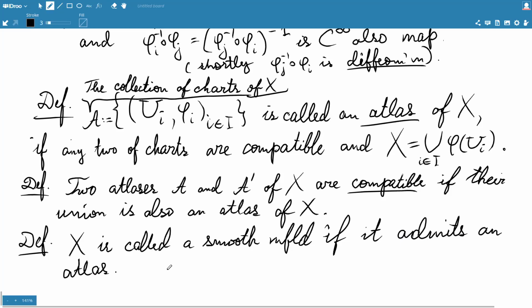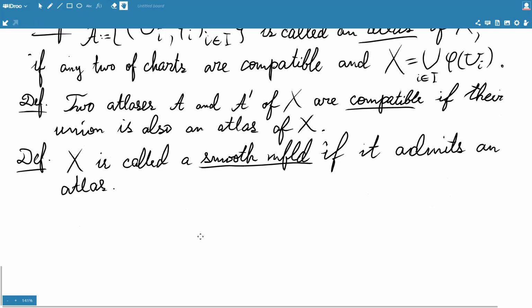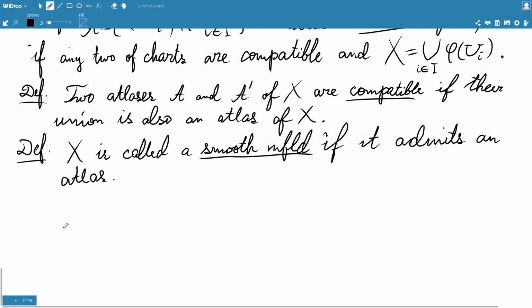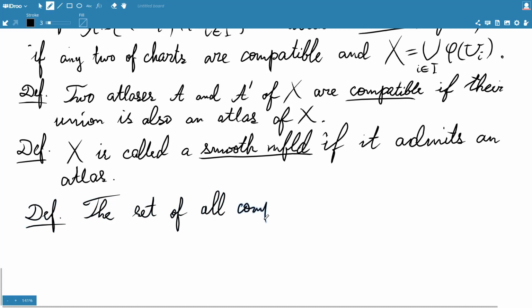If we take all atlases compatible between themselves, the set of all compatible atlases on a given smooth manifold on X is called a smooth structure.